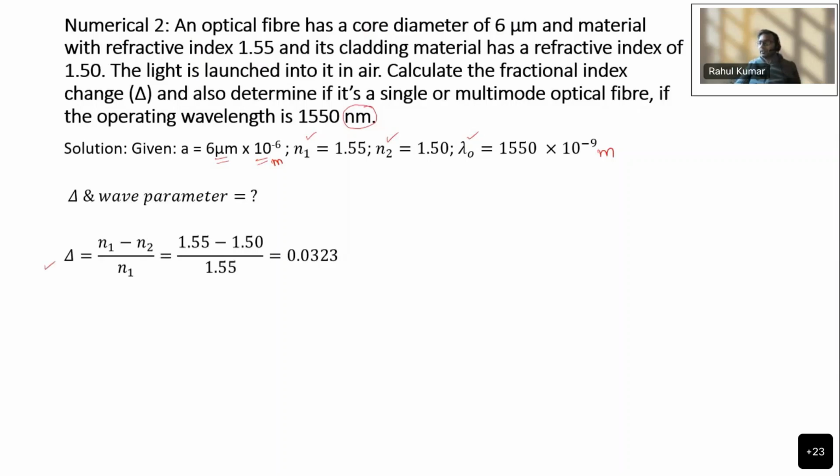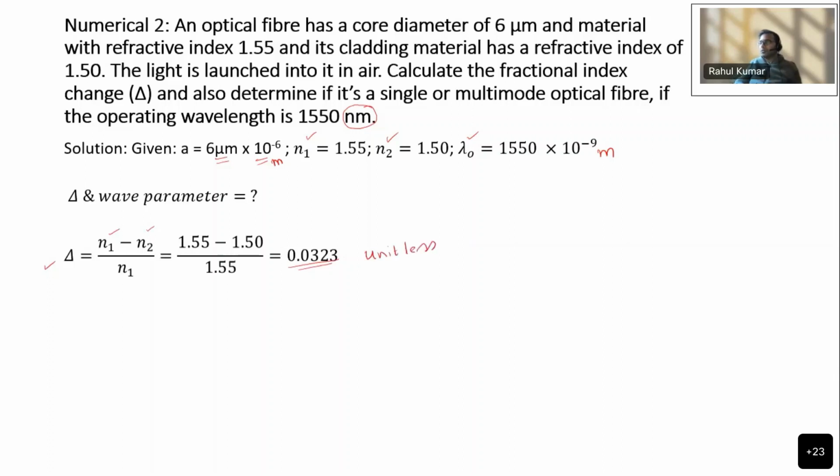So let's first find the fractional index. So again, you can simply substitute N1, N2 in the formula, and I got this value to be 0.03. Okay, again it is unitless.